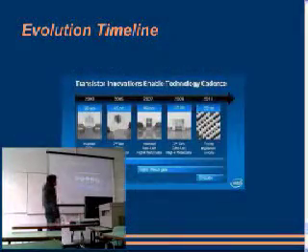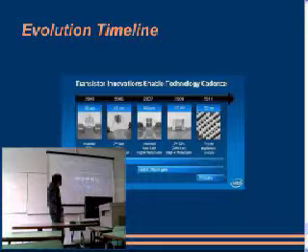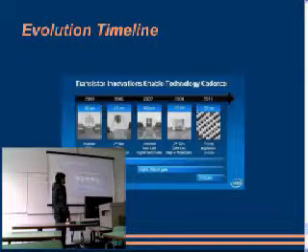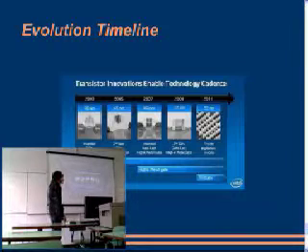This is an evolution timeline of the Intel transistors. In 2003, they were making the 90 nanometer transistors, and in 2007, when they got the 45 nanometer transistors, they started to use the high-K materials that I told you about before.